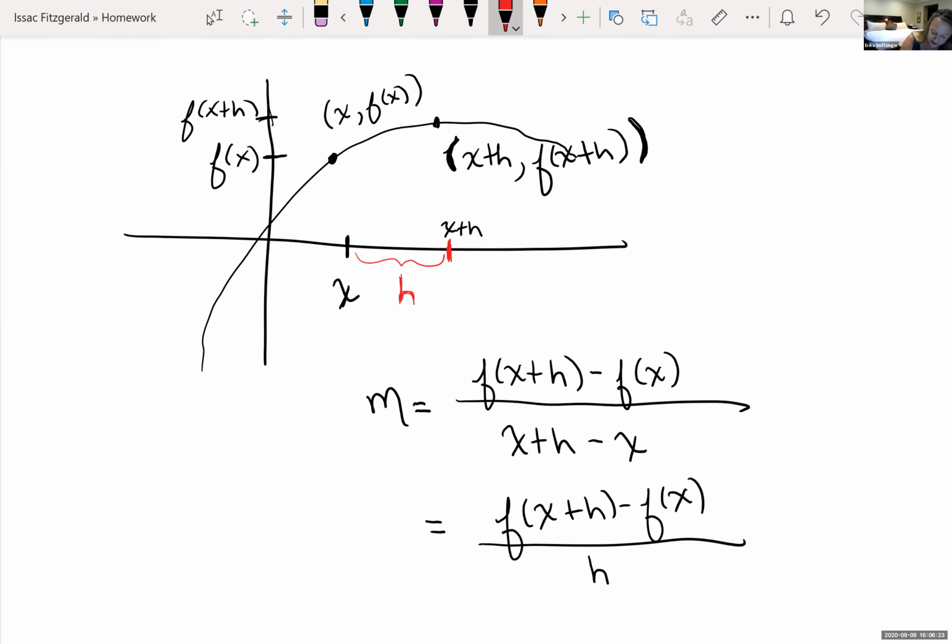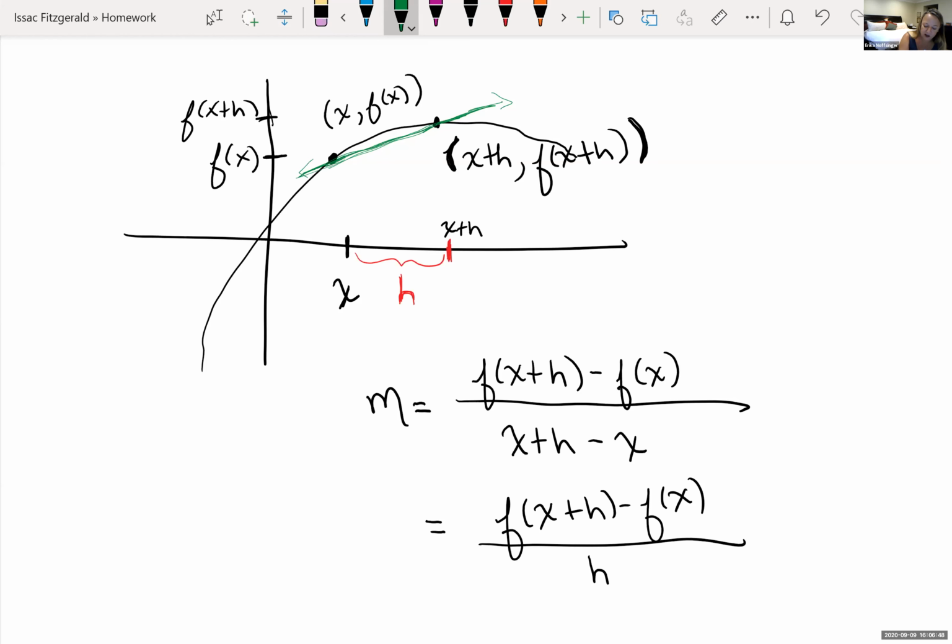And what we were just finding was that slope between those 2 points. So if I look at that, that gives me a good estimate of how fast the function is rising between those 2 points.